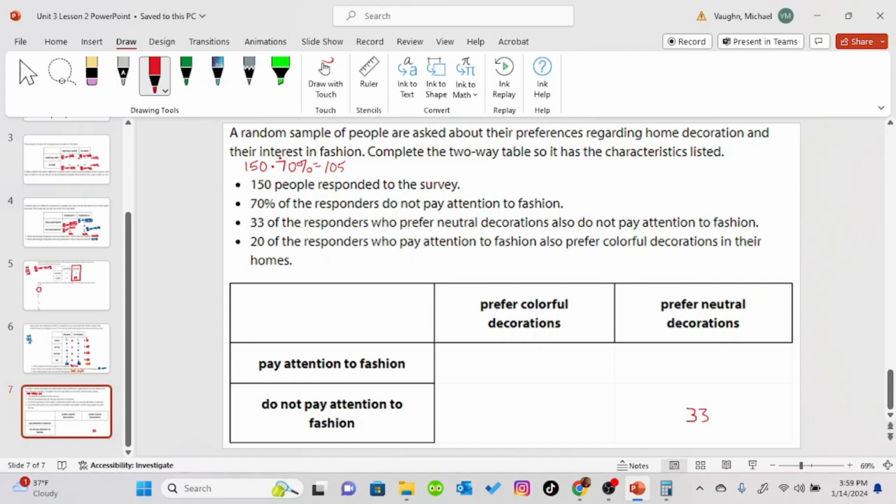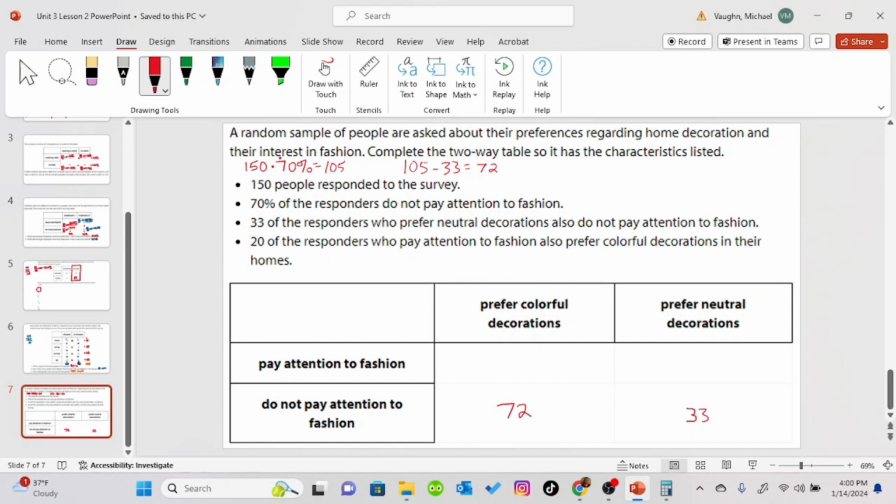Now we know there was 105 who did not pay attention to fashion. So if we take 105 minus the 33 we just put in the bottom right box, now we're going to have 72 who do not pay attention to fashion but prefer colorful decorations.